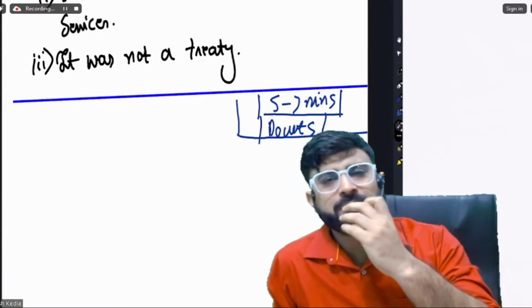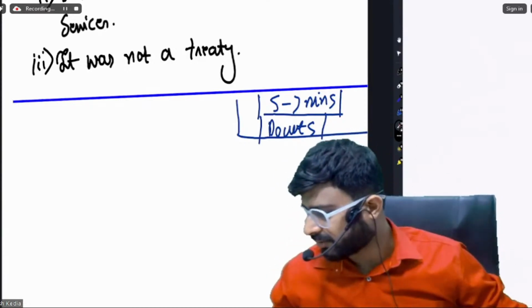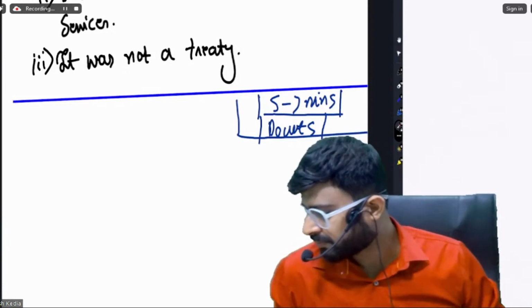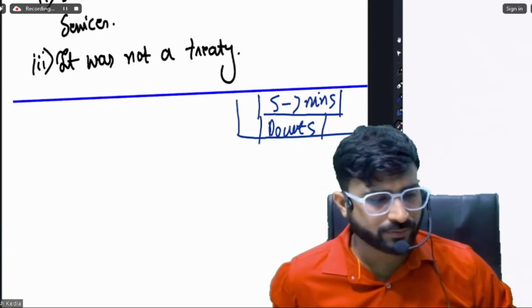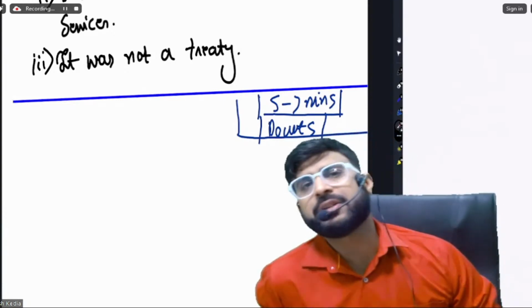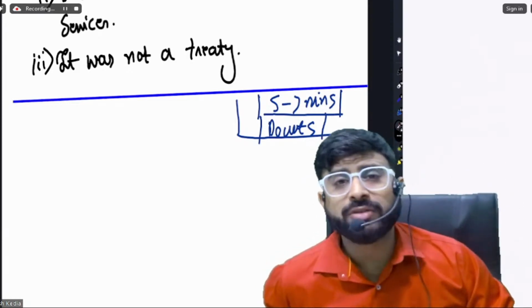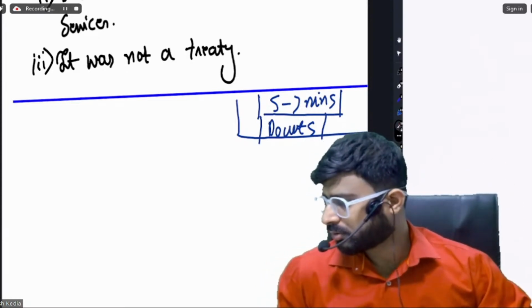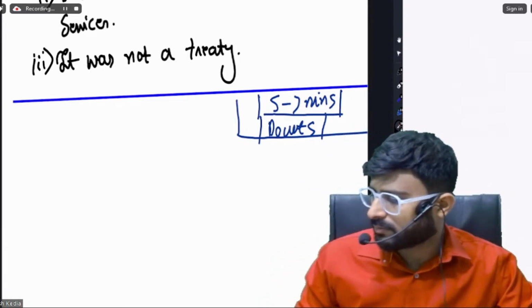Government procurement policy means government purchase policies. Universal means throughout the world, everywhere.